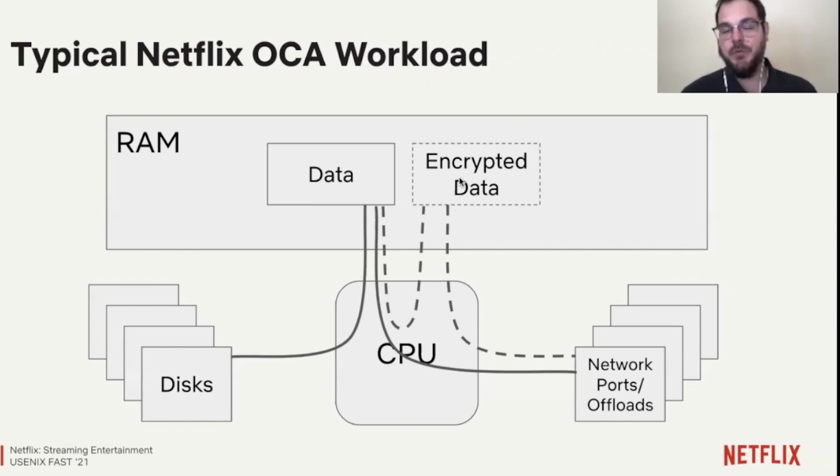And on the flip side, we also don't want to needlessly overbuy or over provision these resources in ways that will be wasteful. And so we need to make sure we have a big enough CPU, we have enough memory bandwidth, we have enough PCIe lanes, we have enough capacity on the storage devices, we have enough capacity in the RAM, and we have enough network ports. And we want to make sure that these are all correctly sized.